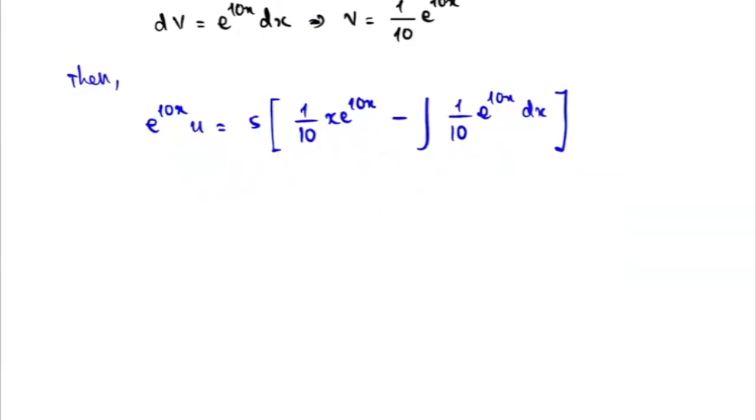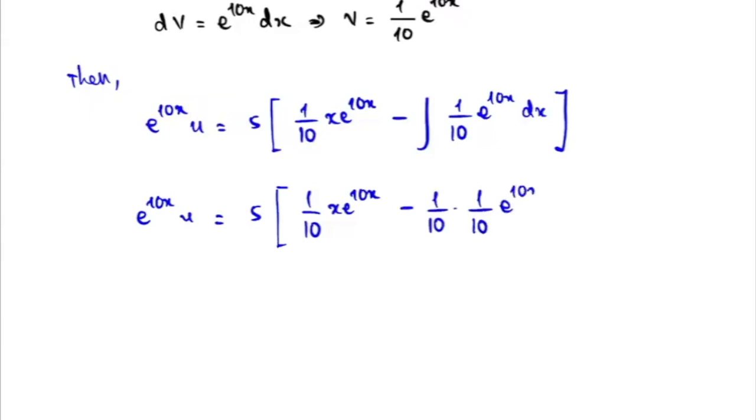Now you have one more integral to tackle, the integral of e to the 10x. You can pull out the 1 over 10. So 5 times 1 over 10 x times e to the 10x minus 1 over 10 times another 1 over 10 times e to the 10x. This is where you have the plus c at the end.